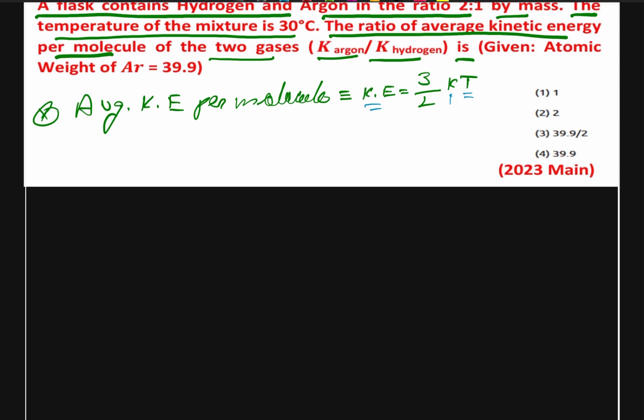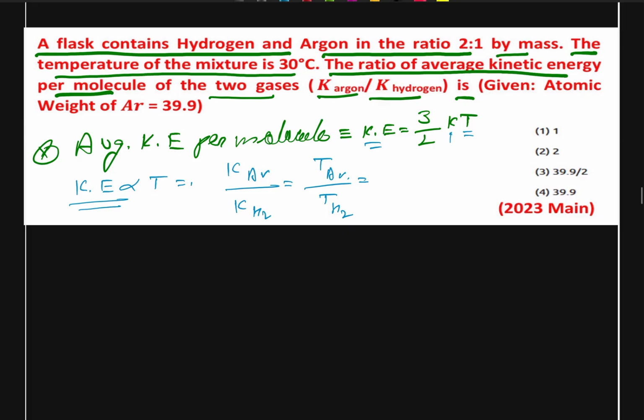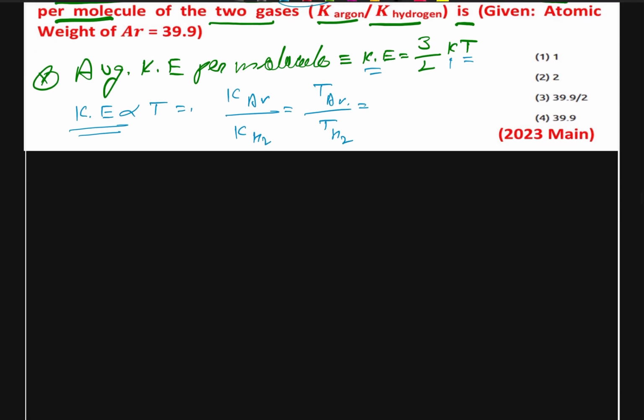Therefore from here we can say that our kinetic energy is proportional to temperature T. Therefore kinetic energy for the argon divided by kinetic energy for our hydrogen will be equal to temperature of our argon and temperature of our hydrogen, and the mixture is at same temperature, that is 30 degrees centigrade.